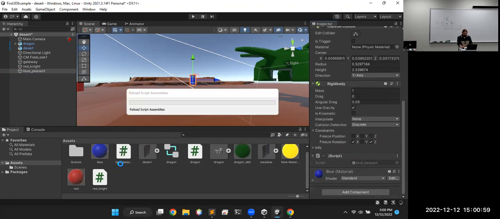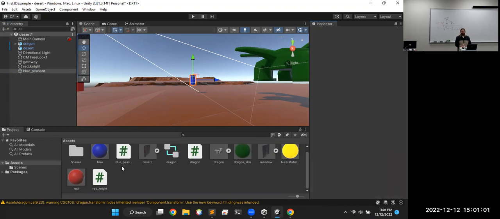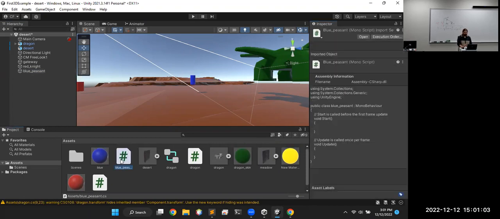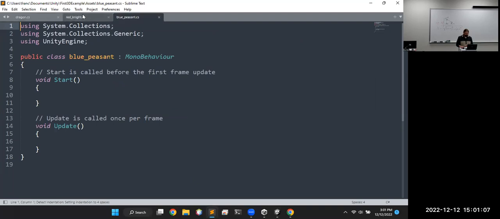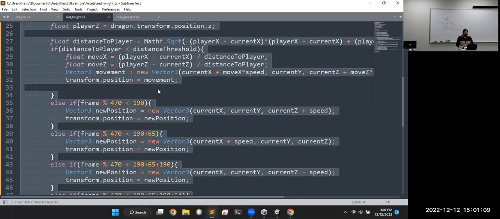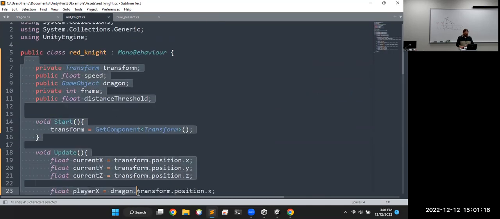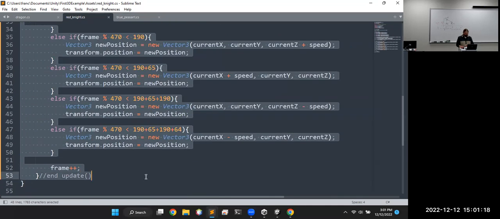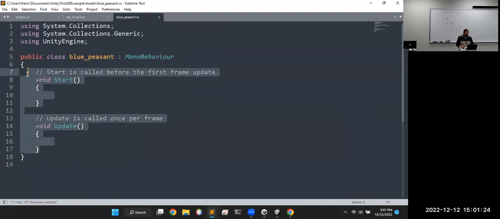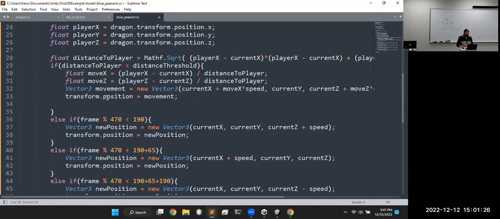And now when we open that one, oh, after the compiler runs, a lot of it's going to be the same, so I'm going to start by copying everything from that knight. Paste that in.